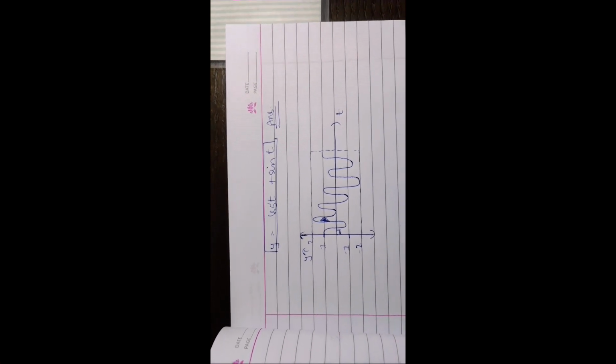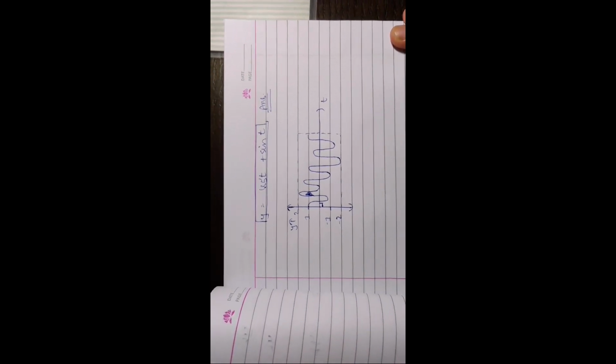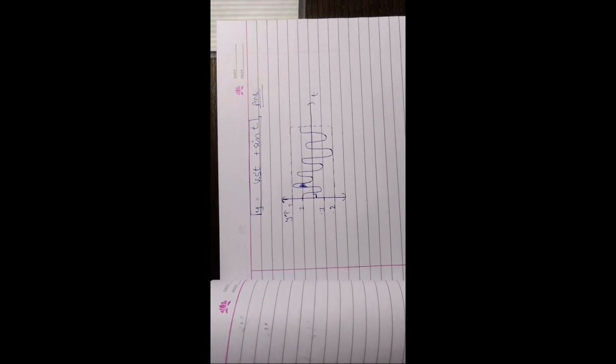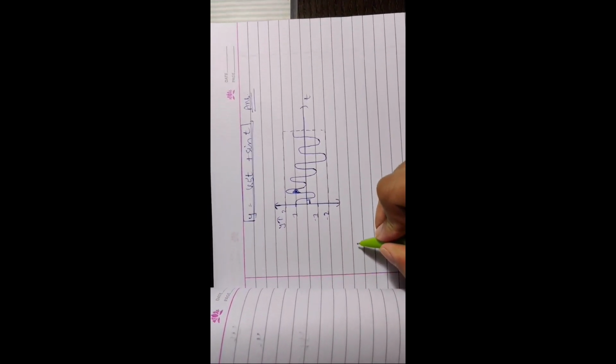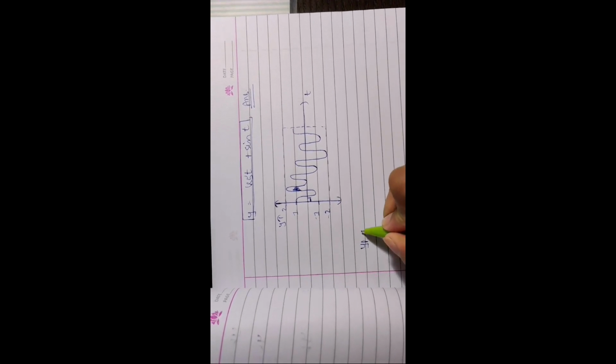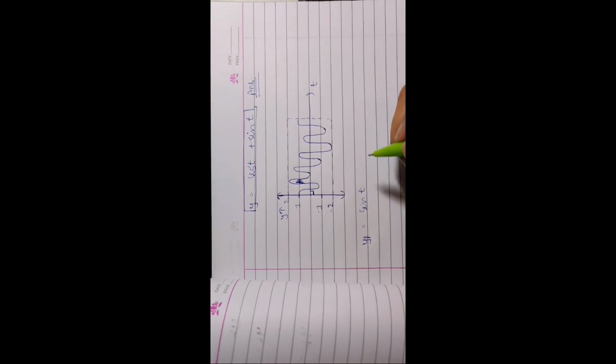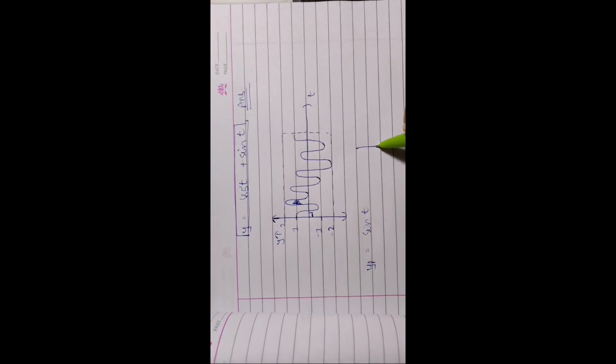Yes. So this is it, and now we will sketch the graph of y is equal to yp. So as we know, yp is sin t. So let's draw it.